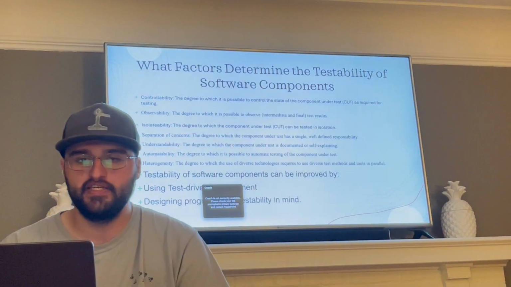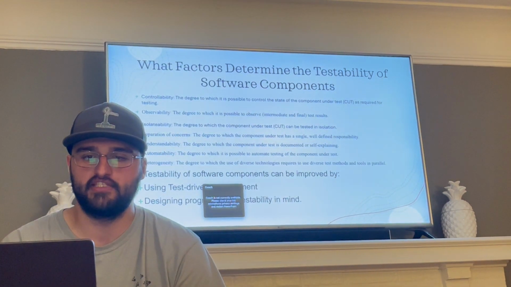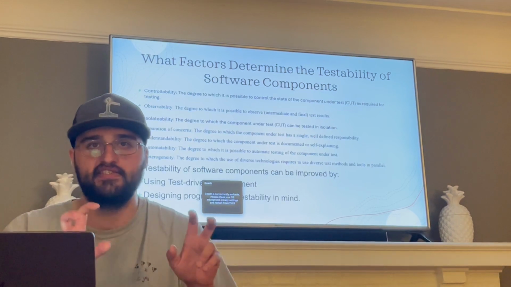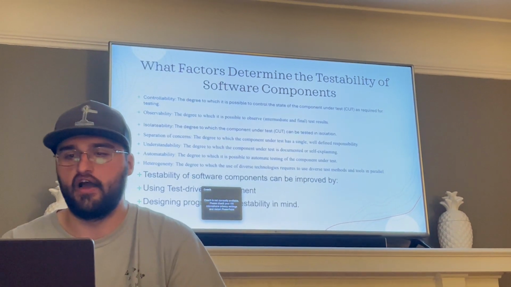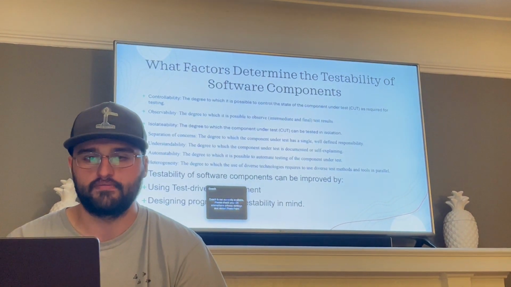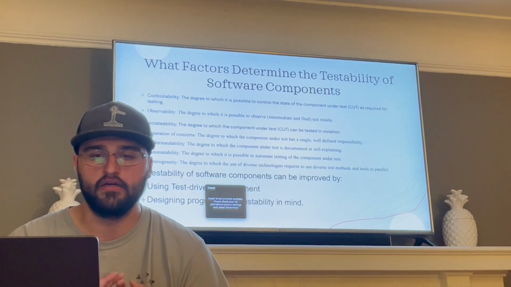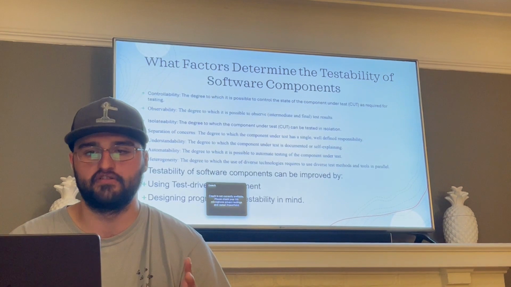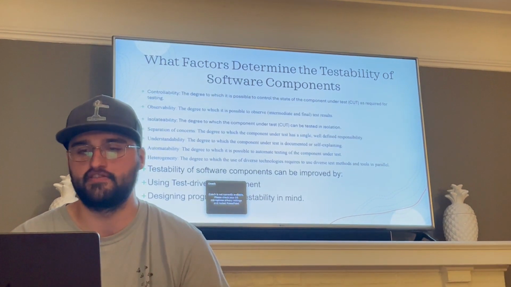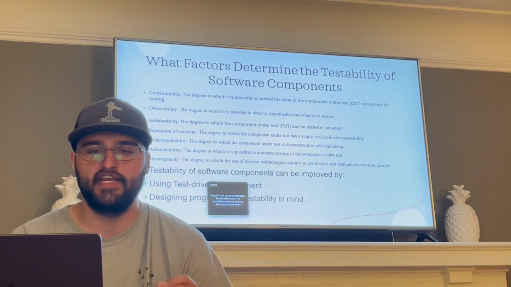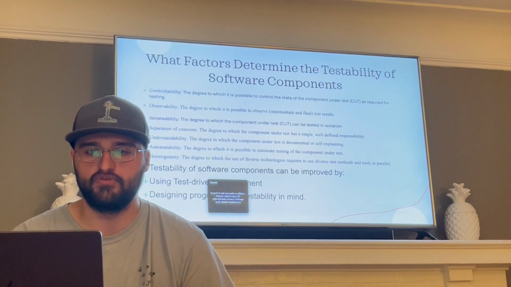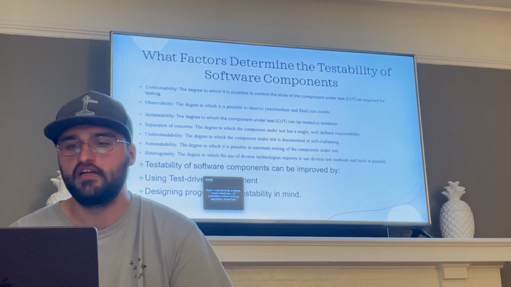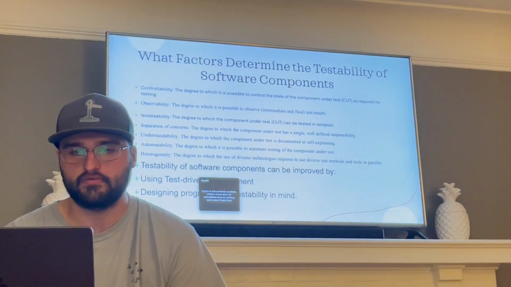There's controllability, the degree to which it is possible to control the state of the component under test, or the CUT, as required for testing. There's observability, the degree to which it is possible to observe test results, both intermediate and final. Isolatability, the degree to which the component under test, again referred to as the CUT, can be tested in isolation.